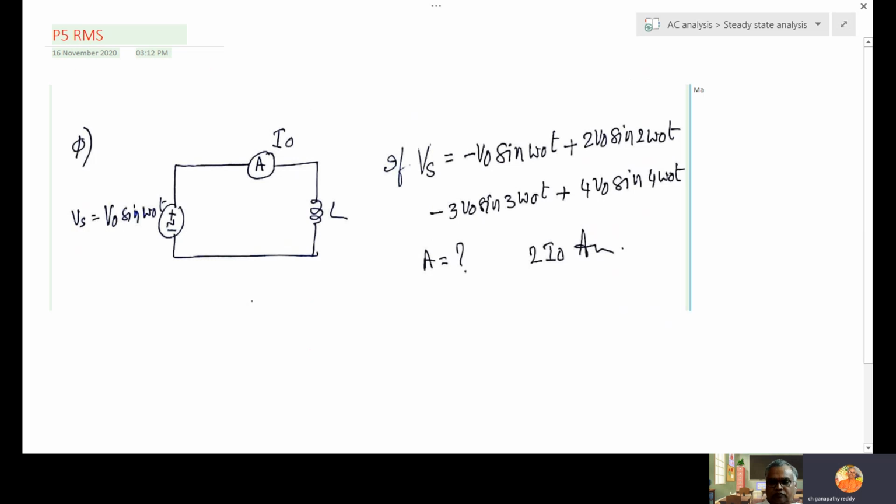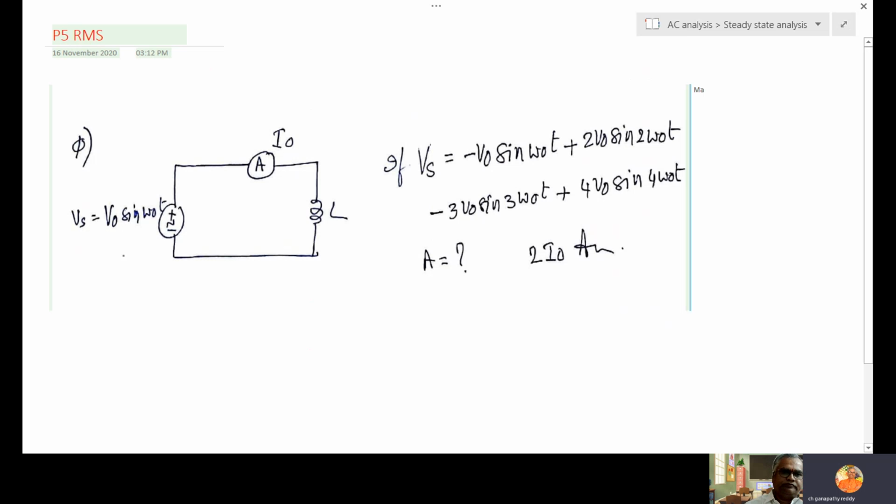So this is another problem. Single inductor, single source. What is given is Vs equal to V naught sin omega naught t, and the ammeter is reading the RMS value of I naught.